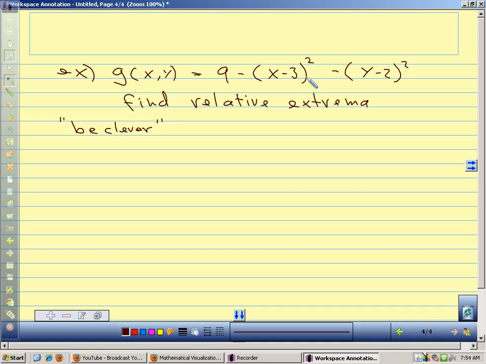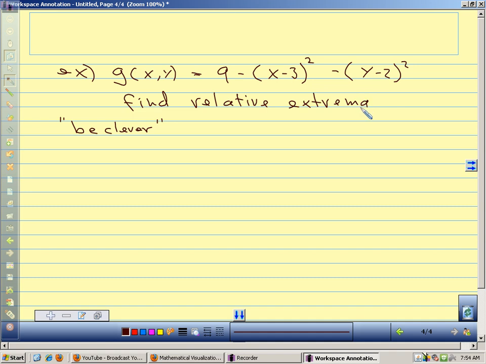So for any x and y, the largest value is when x equals 3 and y equals 2, because then we're subtracting 0. So the largest value is going to be at our point (3, 2). Anything other than that is going to be smaller.